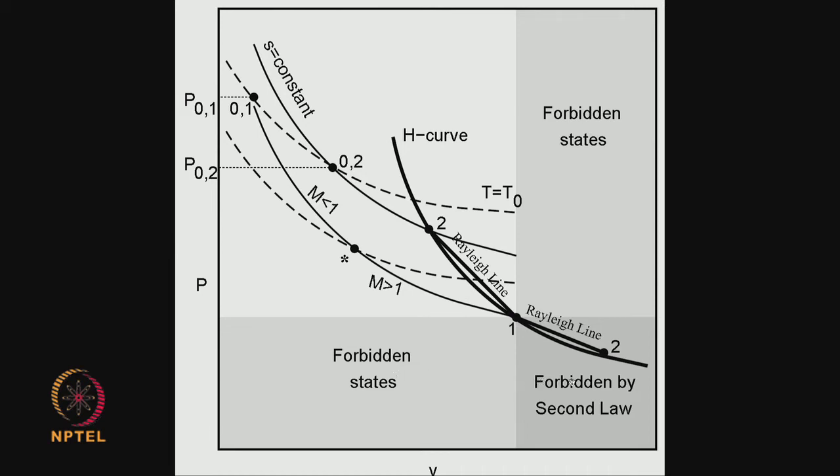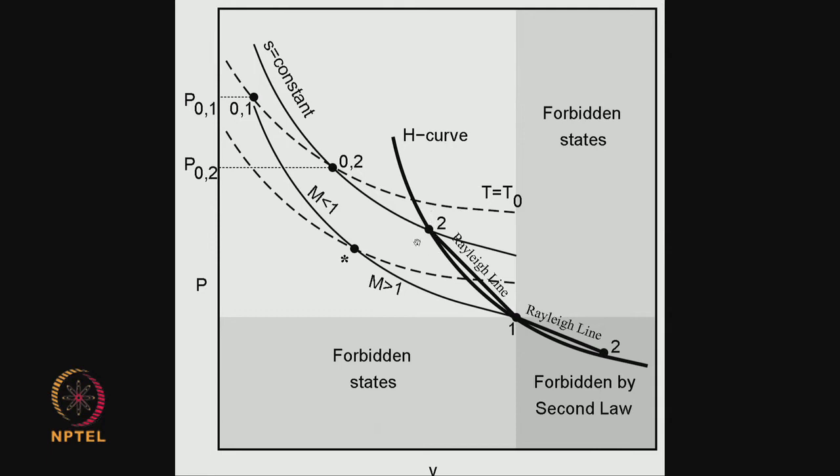And it can actually lie in this quadrant, but such a solution would imply S2 less than S1. So we do not allow the solution to lie in this quadrant also. So the only possibility is for the state point 2 to lie in this quadrant. And now if you draw the H curve which passes through state points 1 and 2, which looks like this, you can see that this point of intersection gives me the downstream solution.